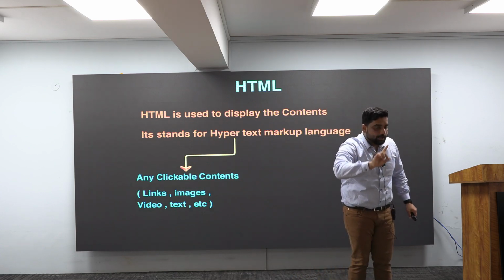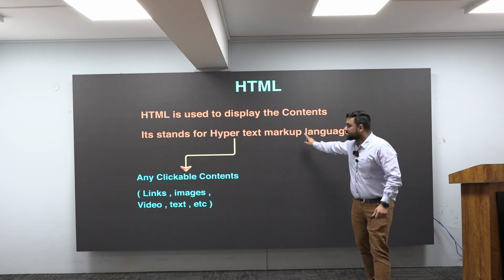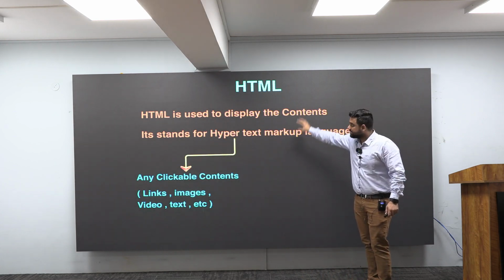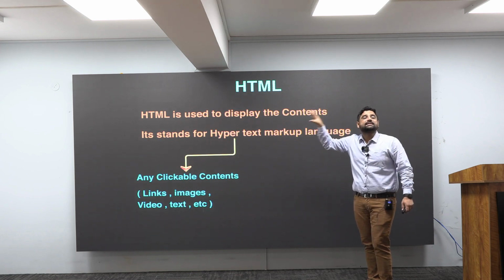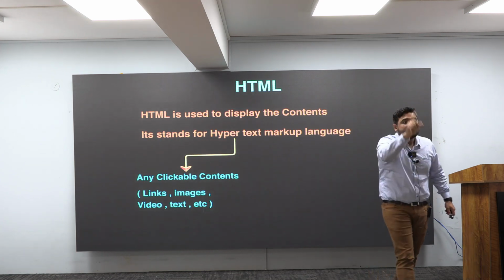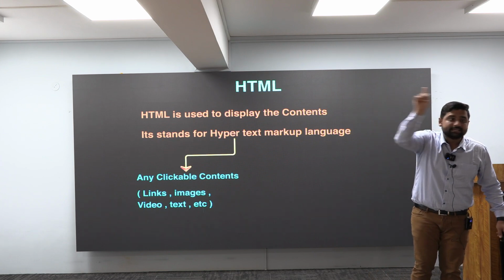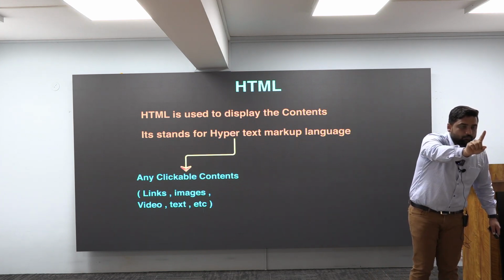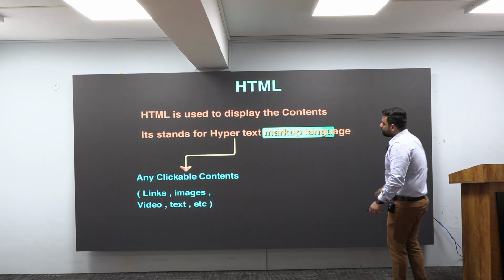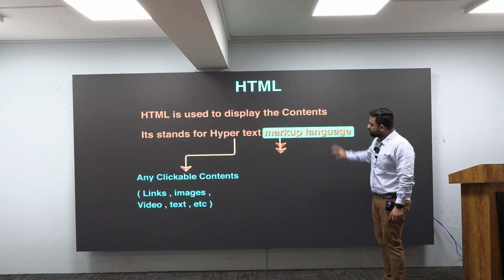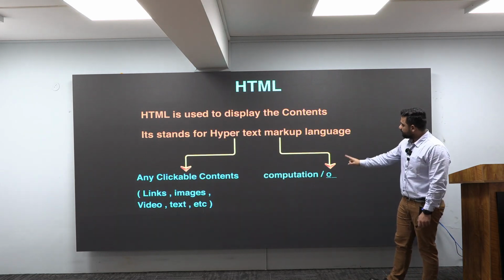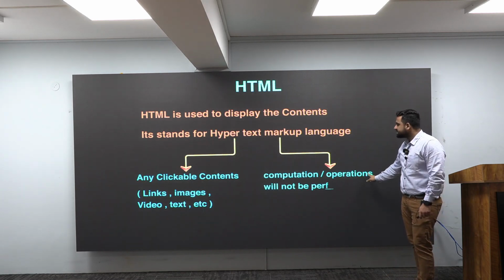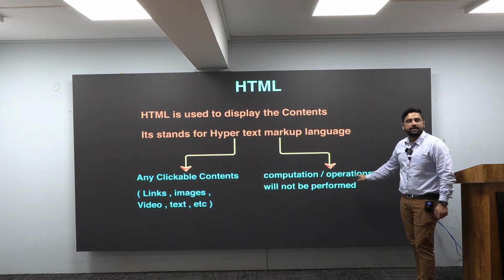Am I clear? So what is basically markup over here? Whatever content you put in your VS Code or your editor, the same content will display as it is in the form of output in a browser. So what is markup here? Please understand, markup means computation or operation will not be performed here.